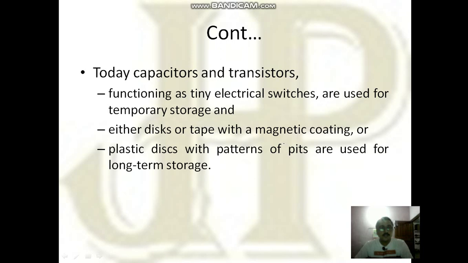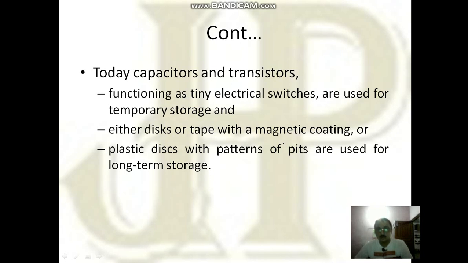So, today's capacitors and transistors functioning as tiny electrical switches are used for temporary storage, which means with the help of capacitor and transistor we can store values.